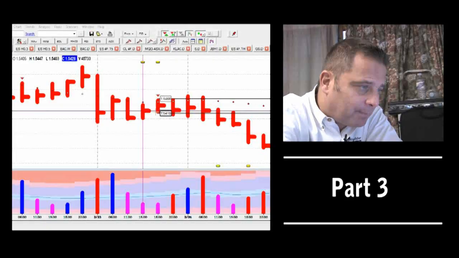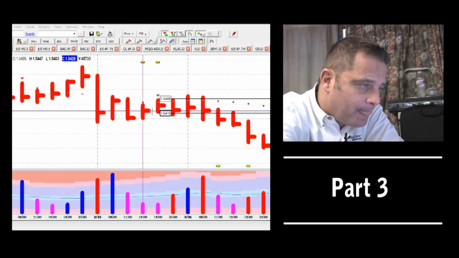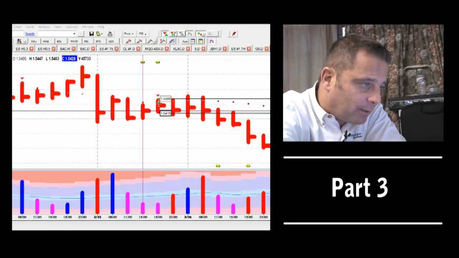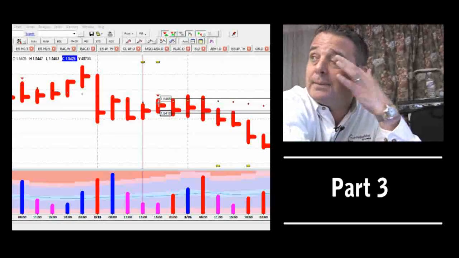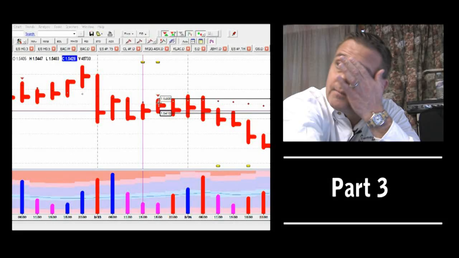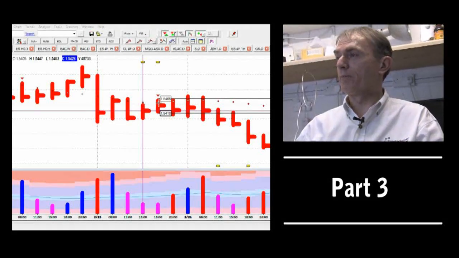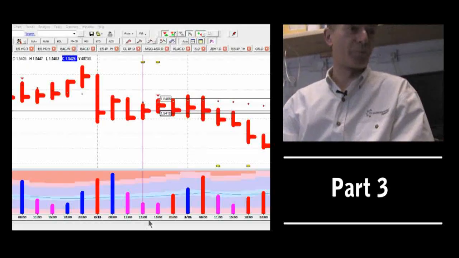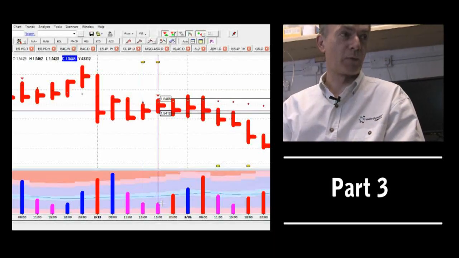Notice here the body of the bar starts to form on the close of the previous bar. It ticks up, ticks up, ticks up. Nice narrow spread. Why is the narrow range or spread, Philip, important here? Well, you've got to look at the narrow spread in connection with the low volume. You've got to take the two together.